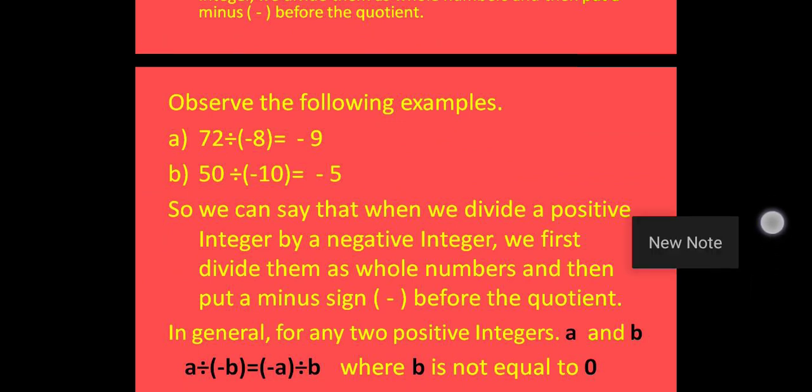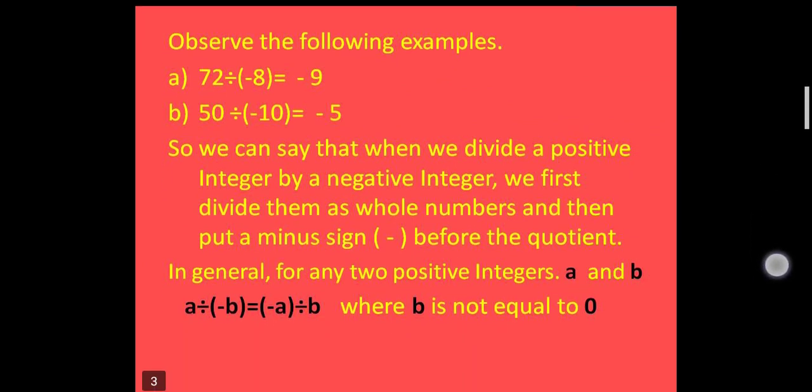Observe the following examples. 72 divided by minus 8 is equal to minus 9. Second one, 50 divided by minus 10 is equal to minus 5. So we can say that when we divide a positive integer by a negative integer, we first divide them as whole numbers and then we put a minus sign before the quotient.